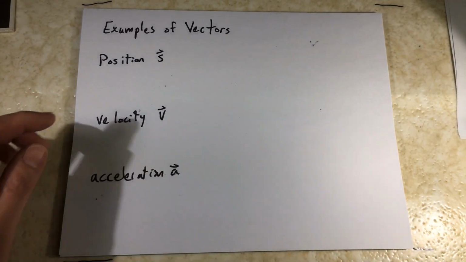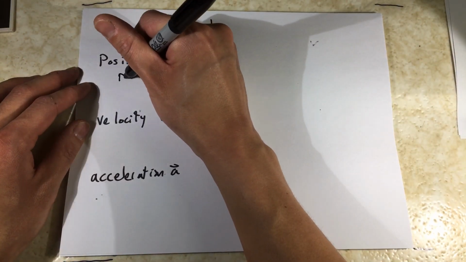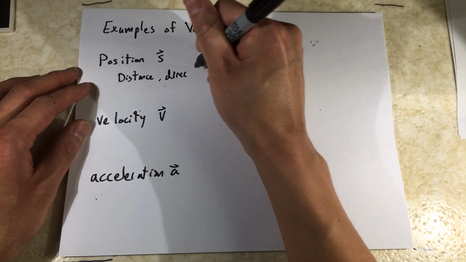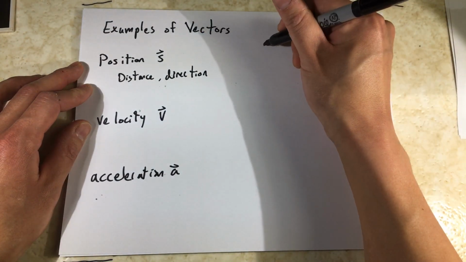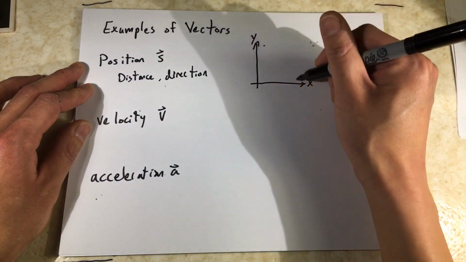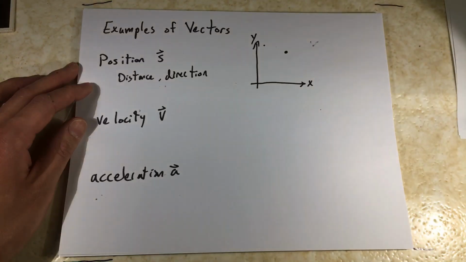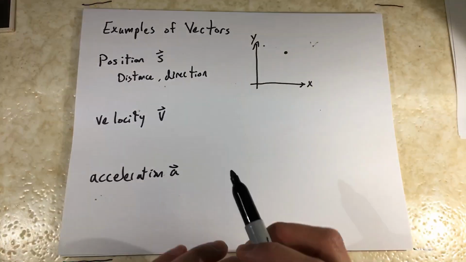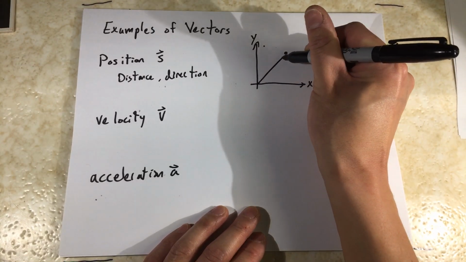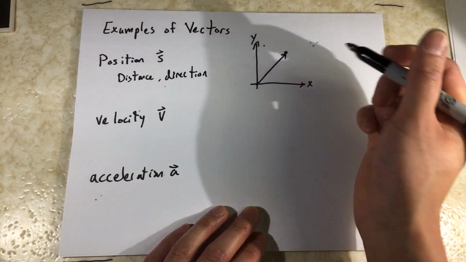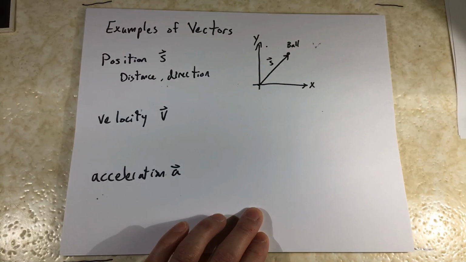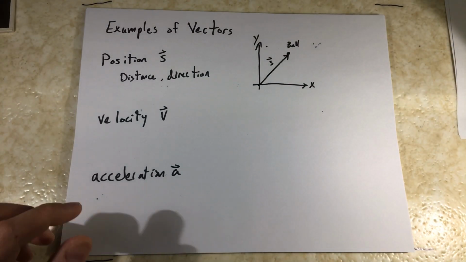So the position is basically a distance and direction. Let's say that we had some ball being thrown through the air, and let's say at some instant in time, that's the highest point, so it travels some path. We want to have a vector for its position at that instant in time. So we would draw an arrow like this that goes from our origin to the location of the ball, and that would be our s vector, our position vector.